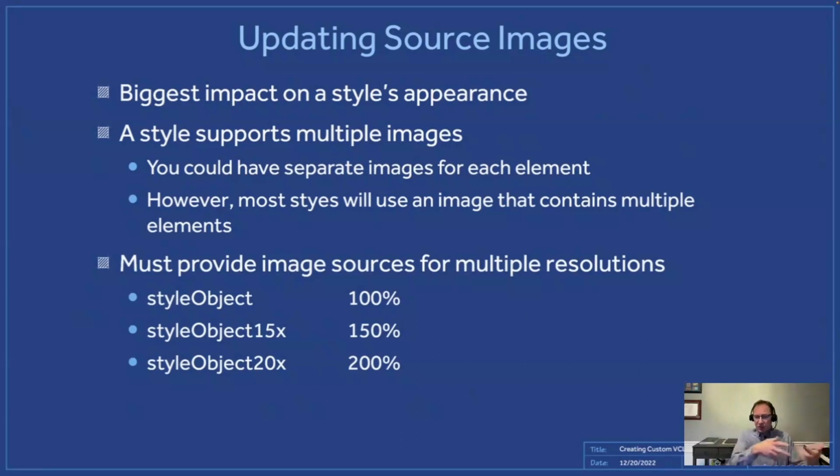Some control elements need to be able to scale, others can just get resized automatically. Personally, every control element in a VCL style should be scaled accordingly, but it doesn't work that way. Only certain graphic elements actually get scaled with the DPI setting, and we're going to go through all of those.